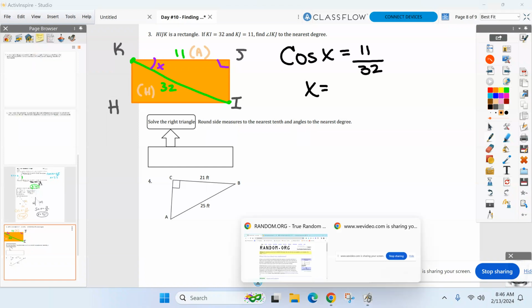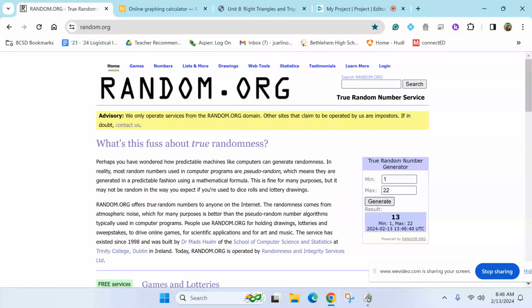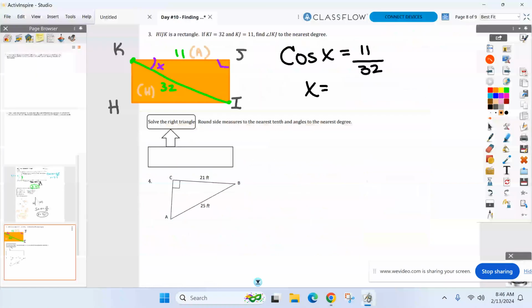Nearest degree when you have it. Jonathan? 70 degrees. No? I just didn't get that. User error? I think so. Most likely. Shift cosine. 11 over 32. Yep. Anybody else? We good?